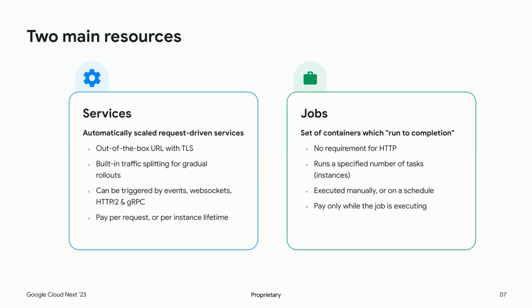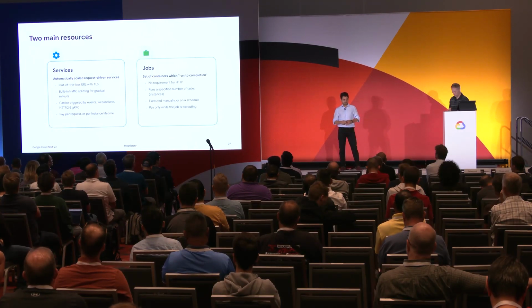The built-in traffic splitting and gradual rollouts let you reliably create new revisions and lets you manage your revisions without any disruptions to SLOs. A Cloud Run service has multiple trigger points. The trigger sources like HTTP2, gRPC, events, and sockets. And a Cloud Run service provides multiple pricing options like pay-as-you-go pricing, pay-per-request pricing, or paying for the lifetime of an instance.